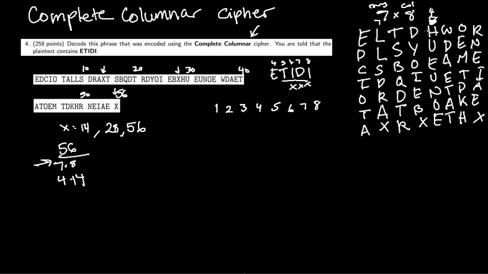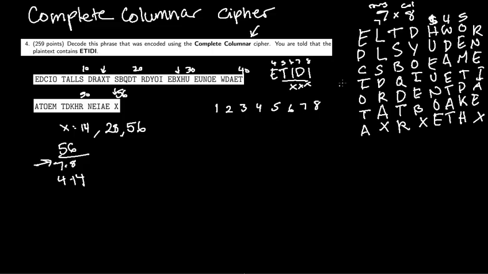Misspoke, 4. That's not even E. What am I doing? This is it, 4. Sorry for the confusion. A T, so it's 5. And then one of the I's, so this could be 6 or 8.